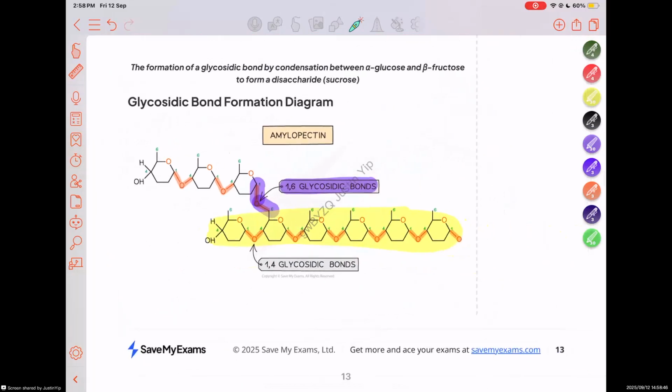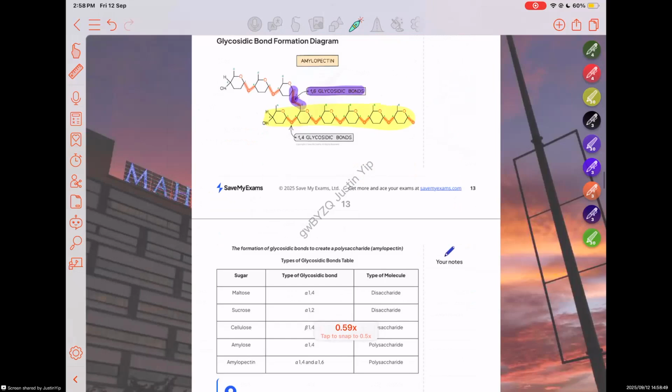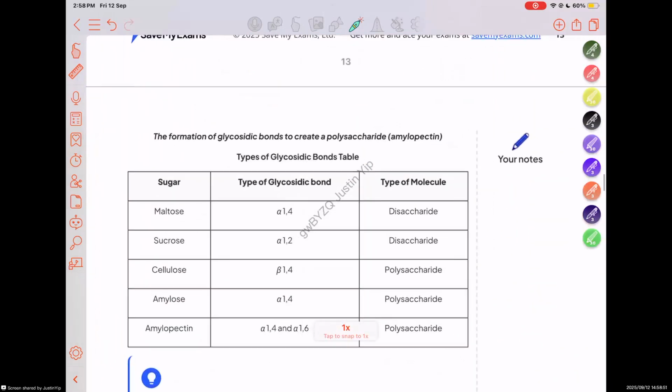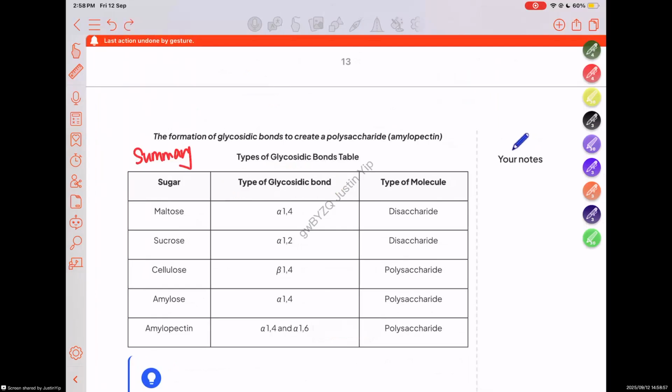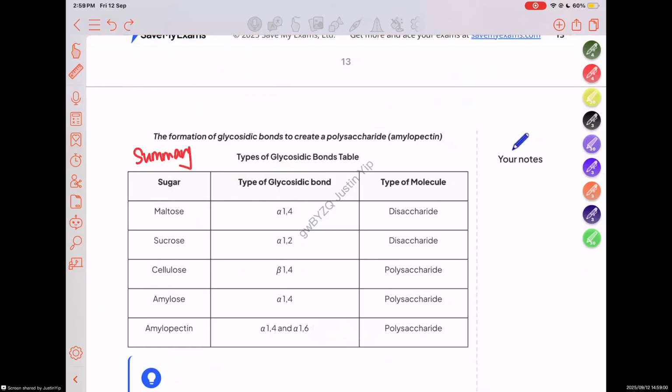Okay, and this is the summary of the glycosidic bonds inside your sugars. We have maltose, sucrose, and we have cellulose, amylose, amylopectin.